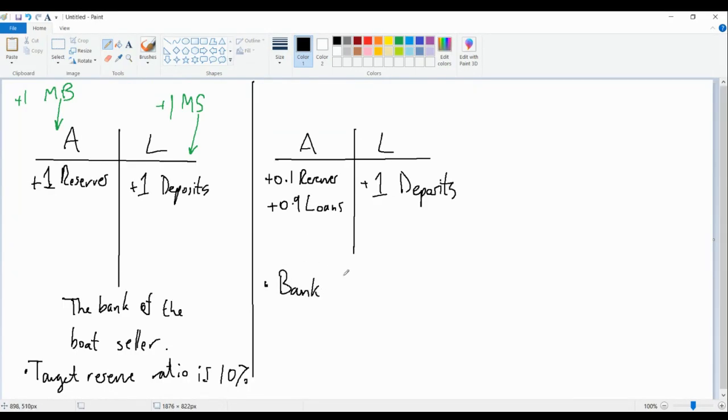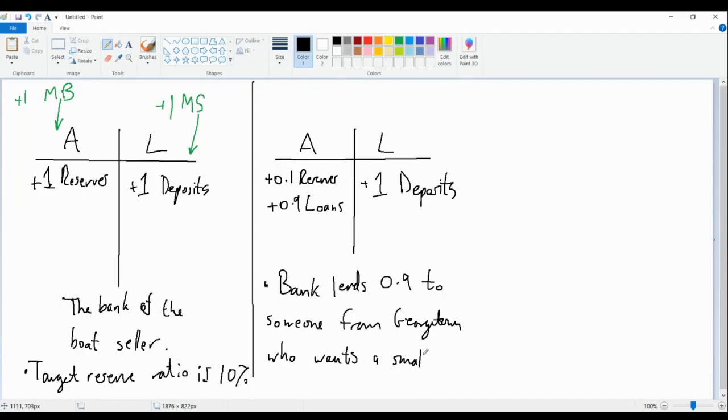And so say the bank lends 0.9 to, I don't know, let's say someone from Georgetown who wants to buy a smaller yacht. You know, they can't afford the giant yacht that GW people can get.